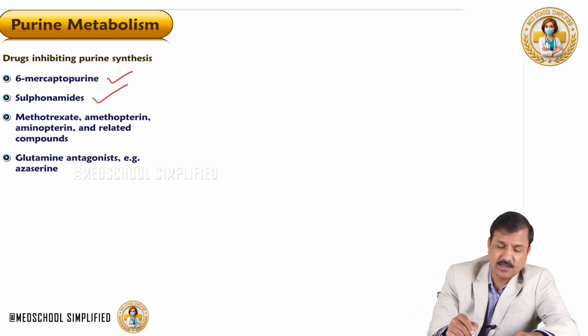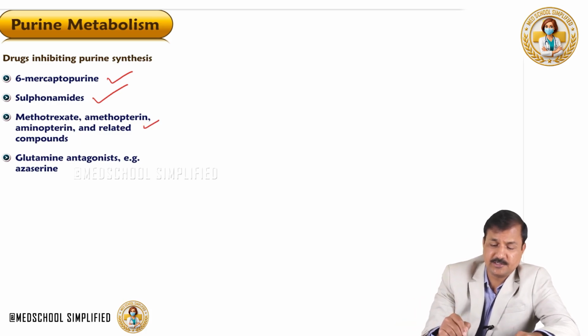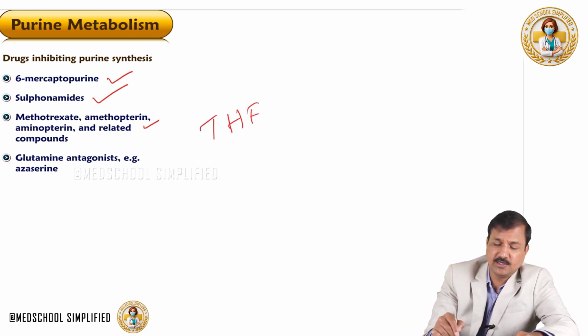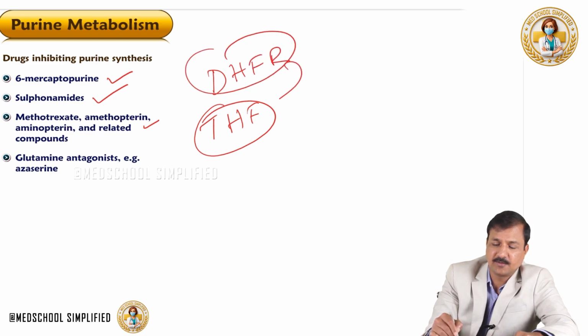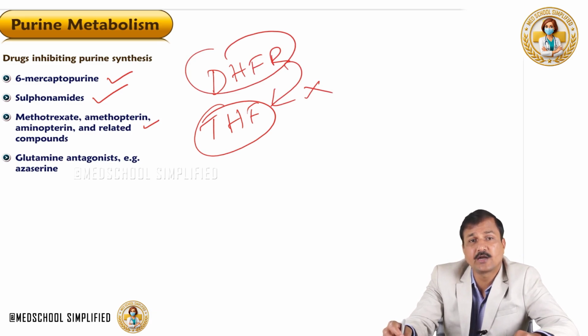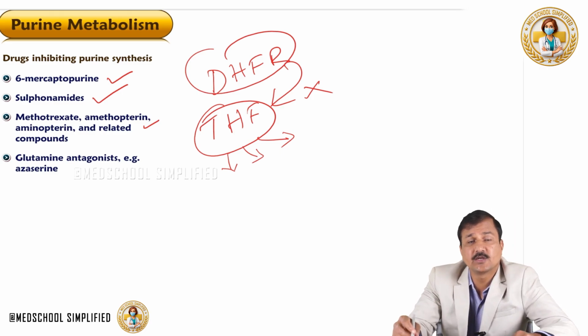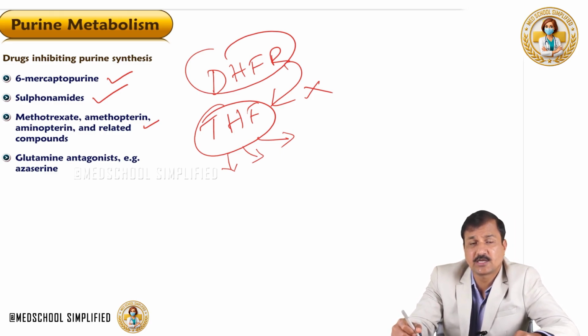Methotrexate, aminopterin and related compounds target tetrahydrofolate (THF) formation, because they inhibit the DHFR, dihydrofolate reductase enzyme, thereby blocking conversion of dihydrofolate into tetrahydrofolate. Thereby the tetrahydrofolate derivatives used in purine and pyrimidine biosynthesis cannot come in, because tetrahydrofolate derivatives give the C2 and C8 atoms of the purine ring.